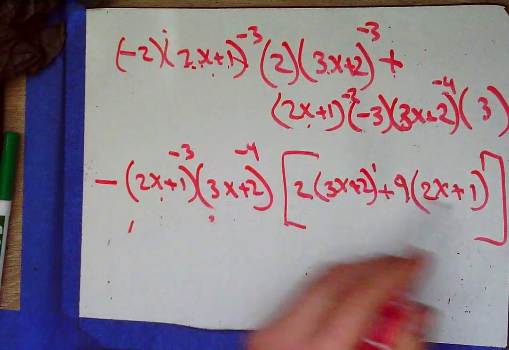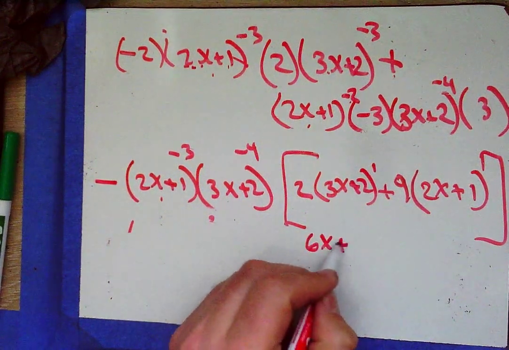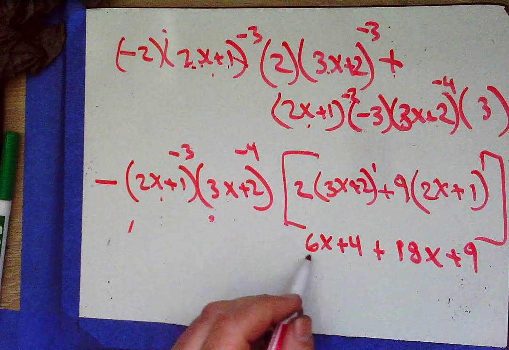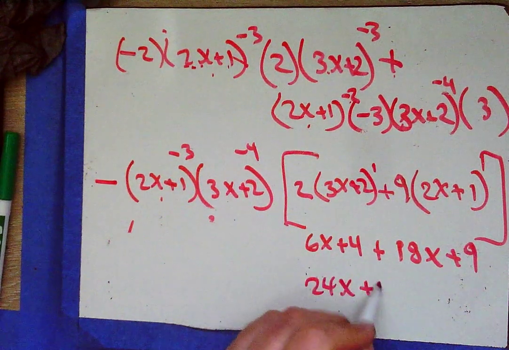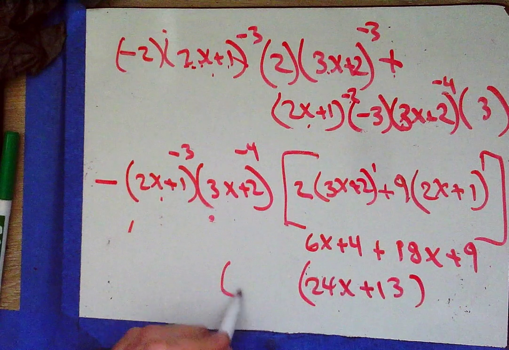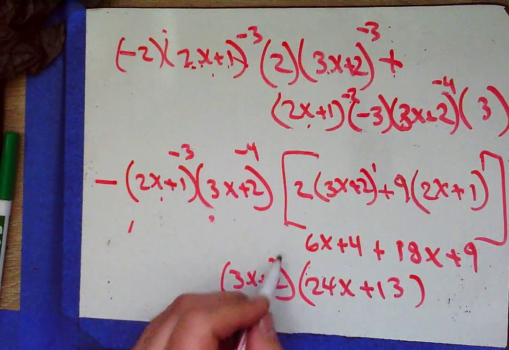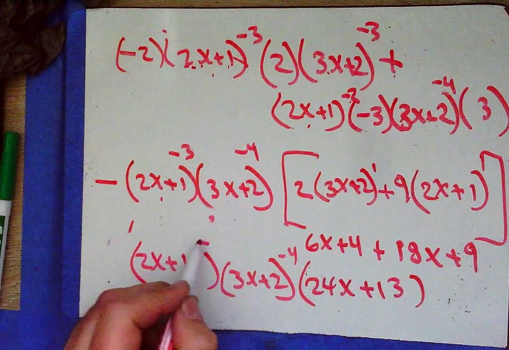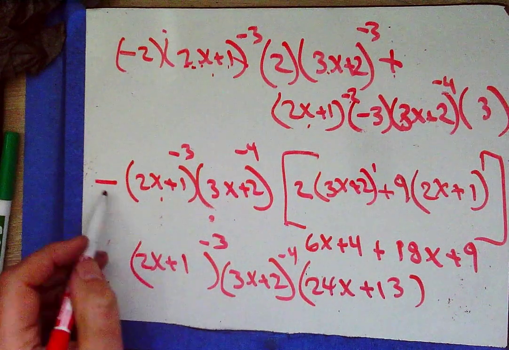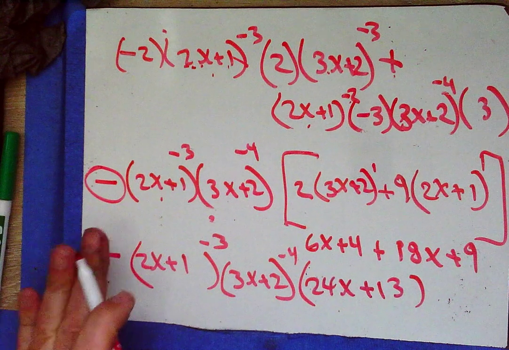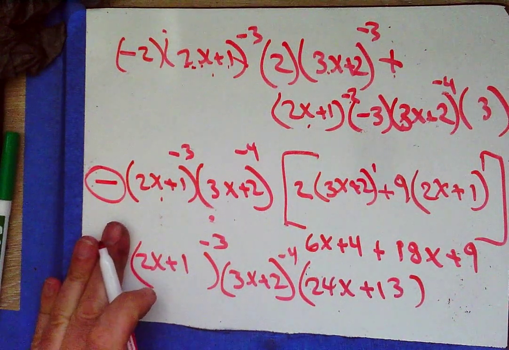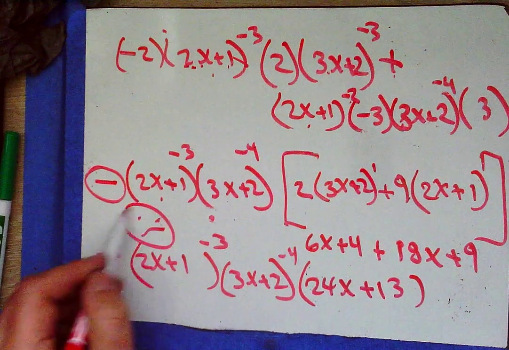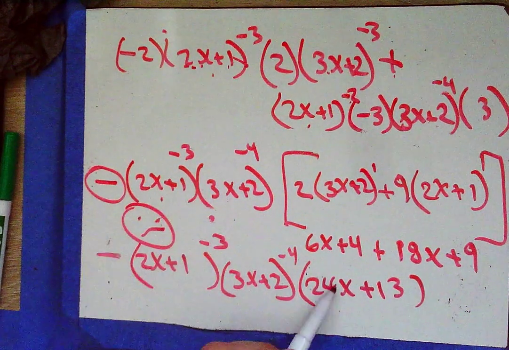All right, combining like terms, I've got 6x plus 4 plus 18x plus 9, or 24x plus 13 times 3x plus 2 to the negative 4th times 2x plus 1 to the negative 3rd, and don't forget the minus in front. If you left that minus off in front, I'd have to mark the problem wrong. That would be a very sad face. So, keep track of things, okay?